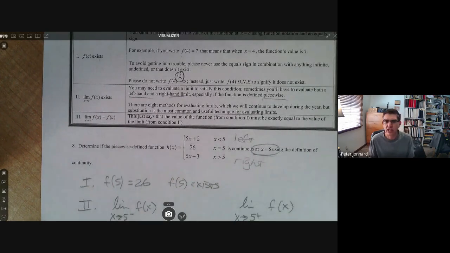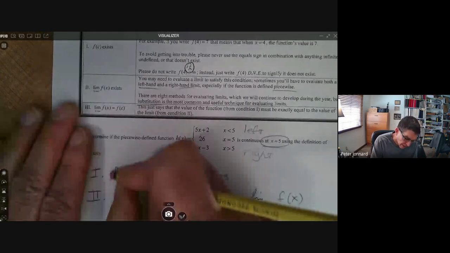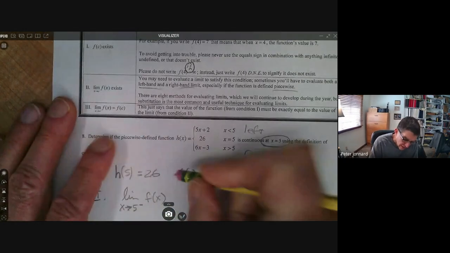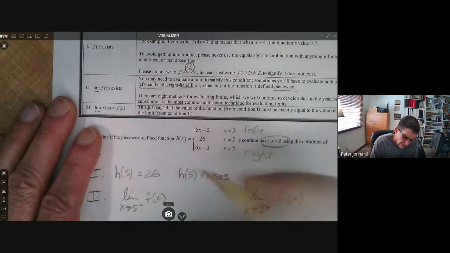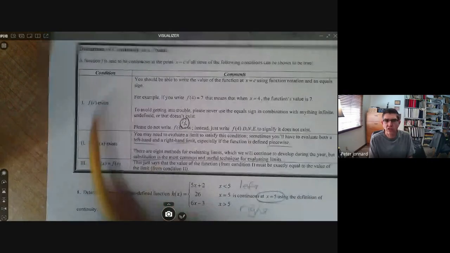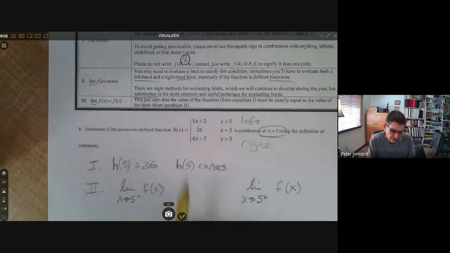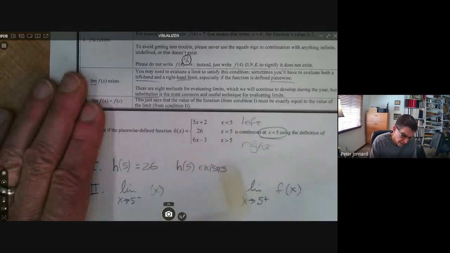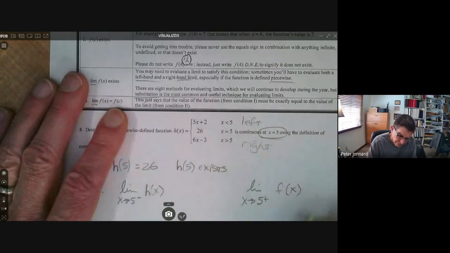Oh, it's not f of x, it's h of x, isn't it? So back up, I made a mistake. h of 5 exists. This is in general terms. Up here is in terms of f, but in this case they gave us function h, so I want to use the notation correctly.